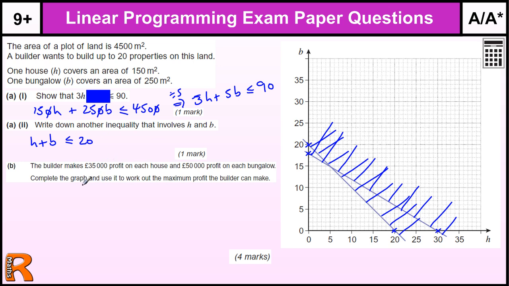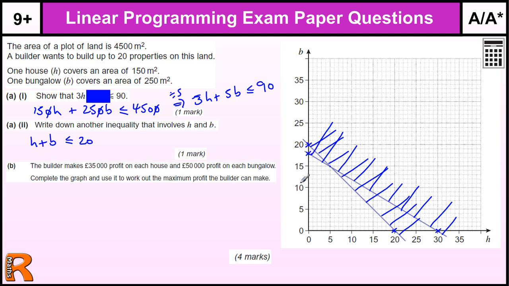Now we're looking for points where the builder's made the most profit. Okay, so the key here is to look where the lines cross. Now if we're drawing it accurately, so when we're looking for points that are going to give us the most profit or the best result, we basically need to take the points where the corners of the shape are.